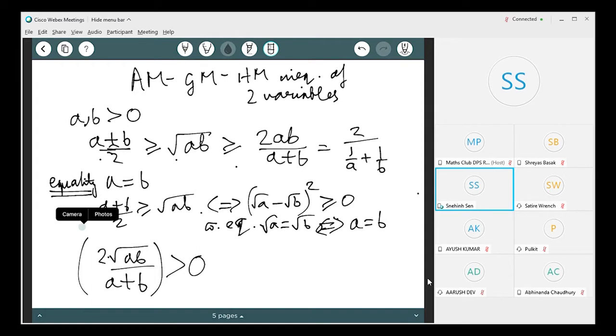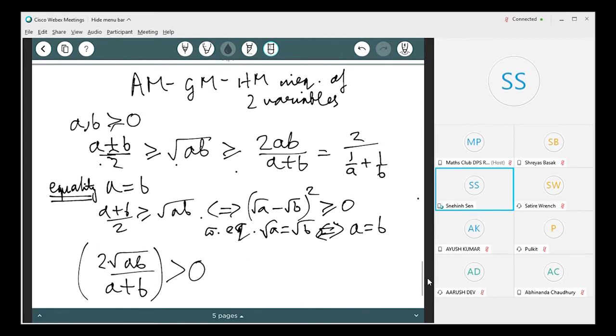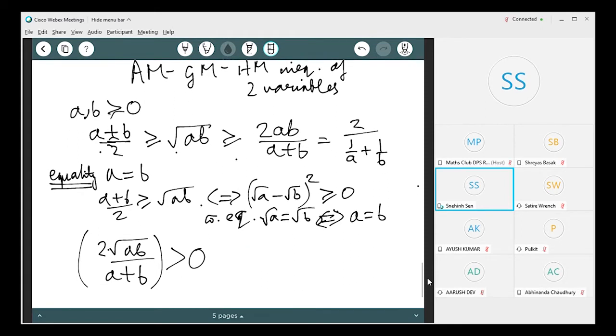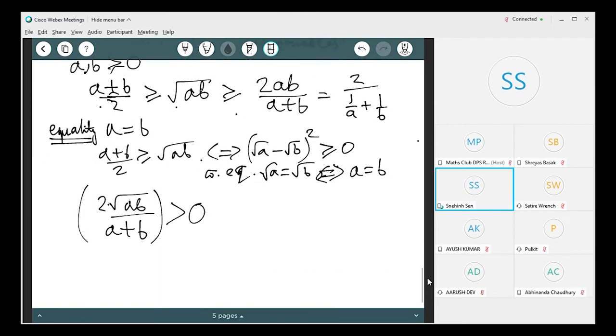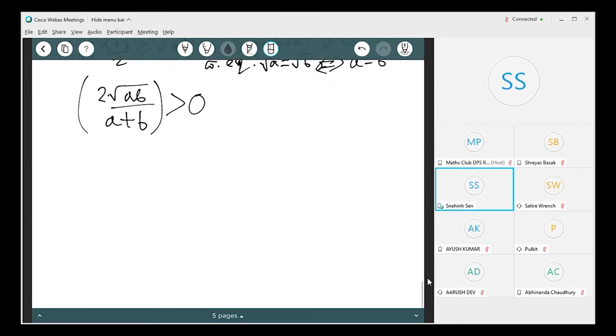So what you get by multiplying is root AB, and this 2 by A plus B gets cancelled over here. Wait a second, let me write it down properly. You are multiplying this to both sides of AM-GM. So what do you have?